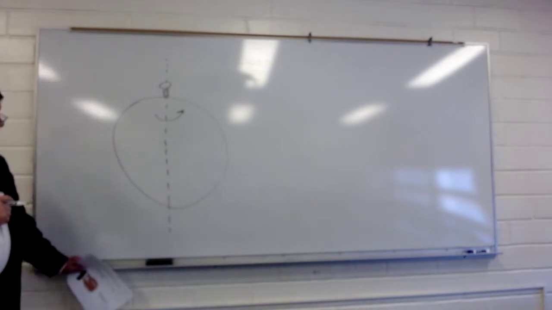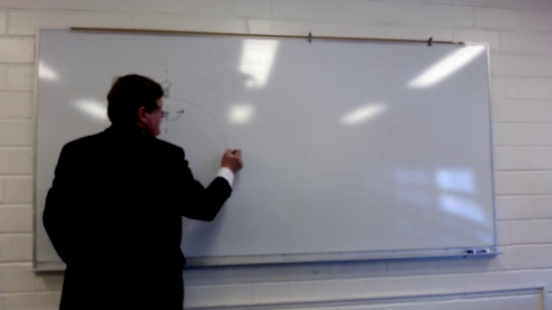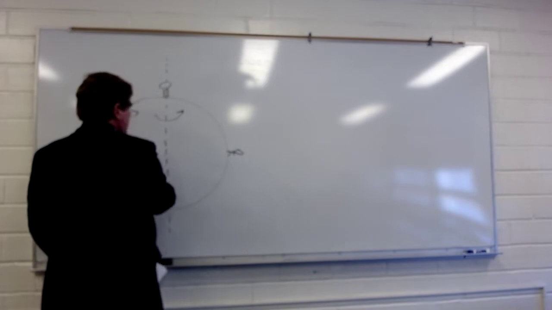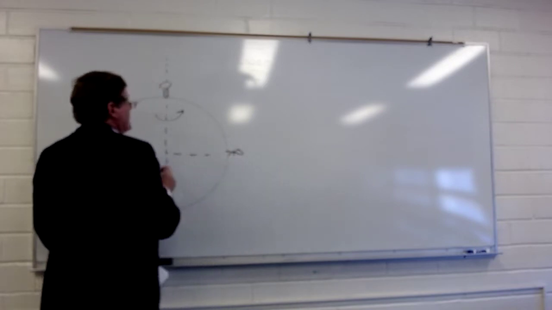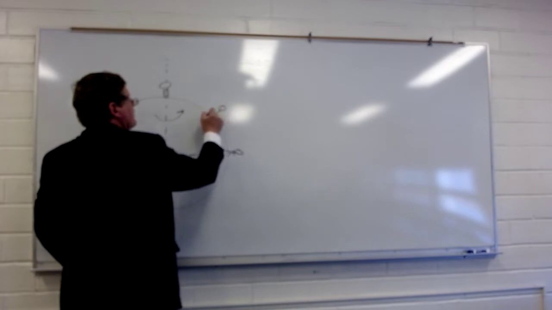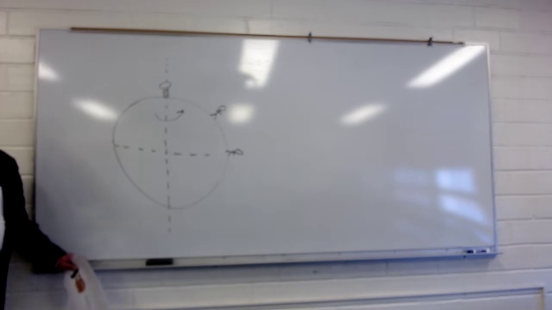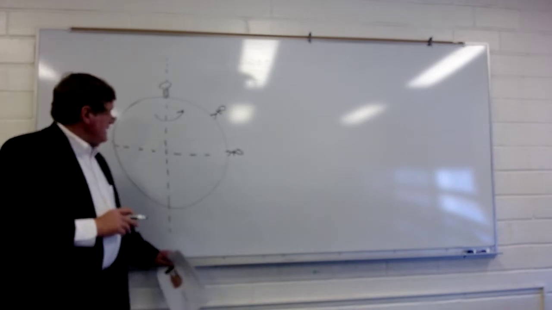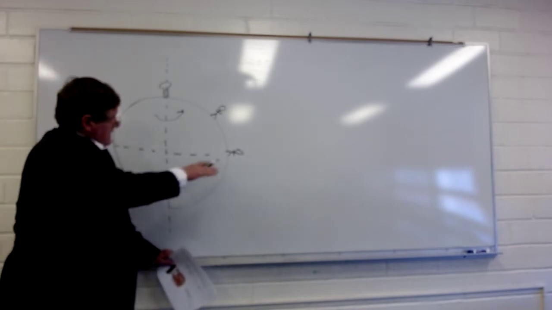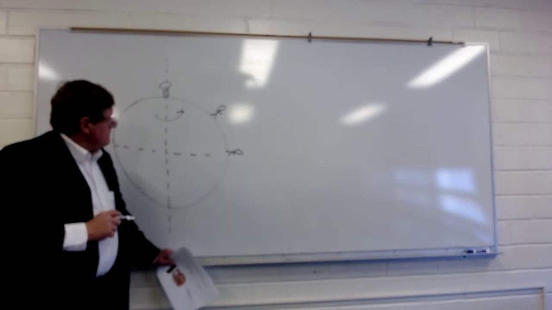And they talk about an individual that lives on the equator and someone that lives in Bozeman. Bozeman's about at the 45th latitude, and so about halfway between the equator and the North Pole.